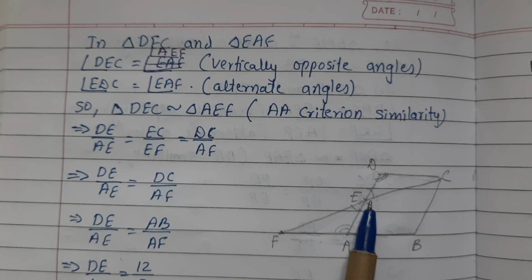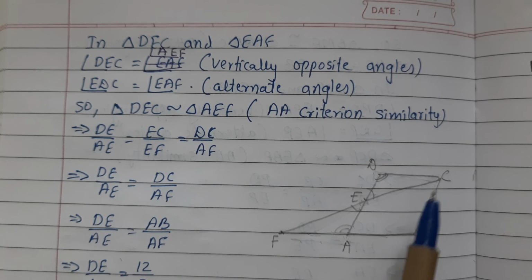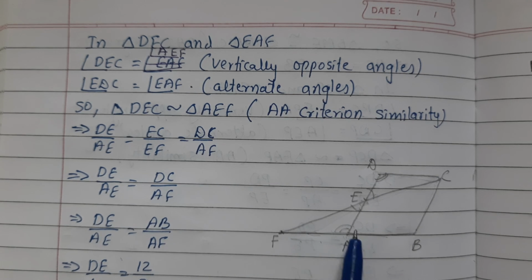Angle EDC is equal to angle EAF, alternate angles. Therefore, both the triangles are similar.